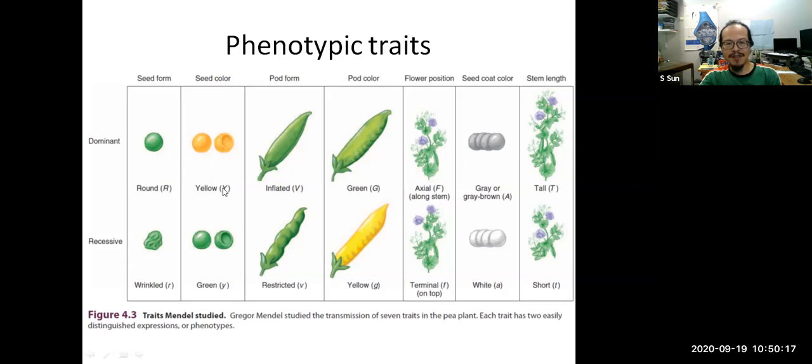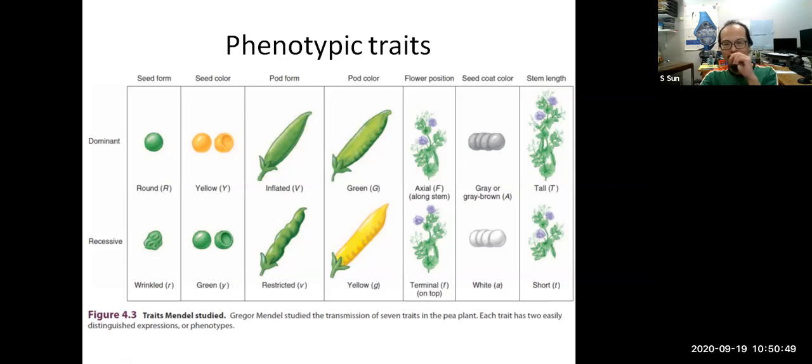So each one of these is a trait, and each trait is controlled by a group of alleles, for example, capital R, small r, to define whether the seed is smooth or wrinkled, and capital T, small t for tall or short.